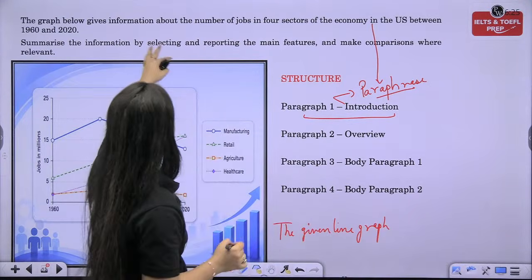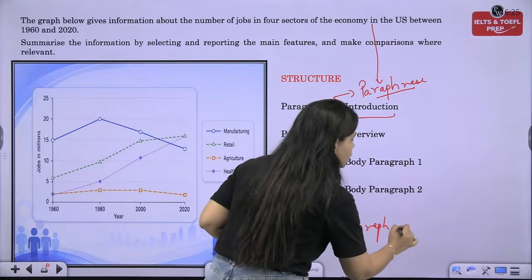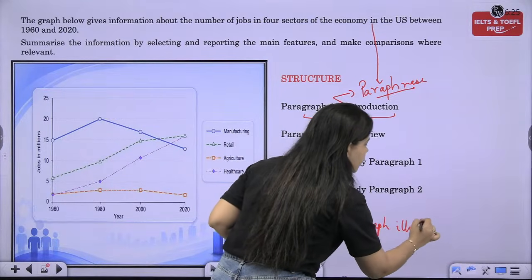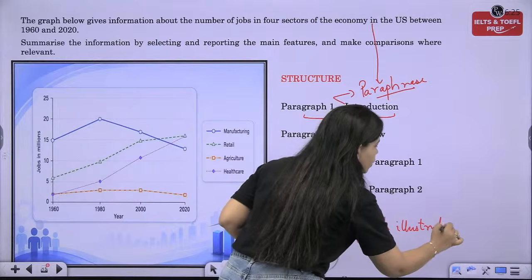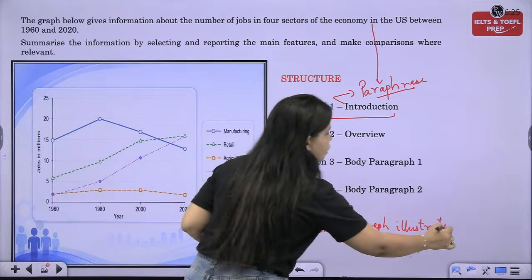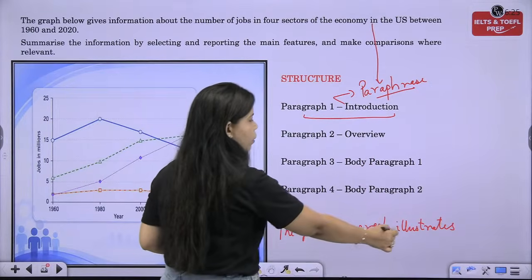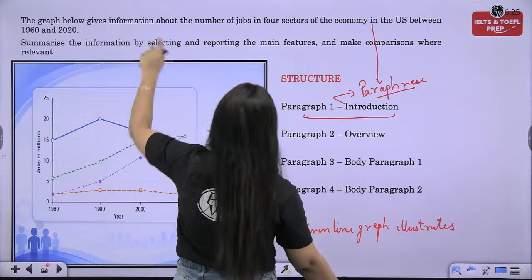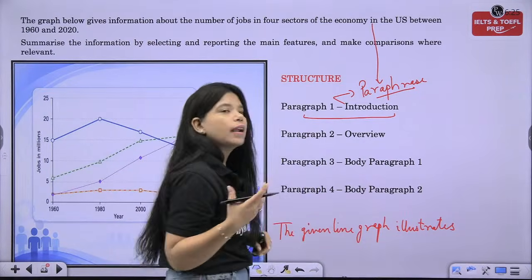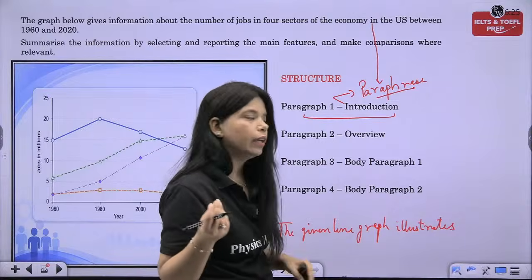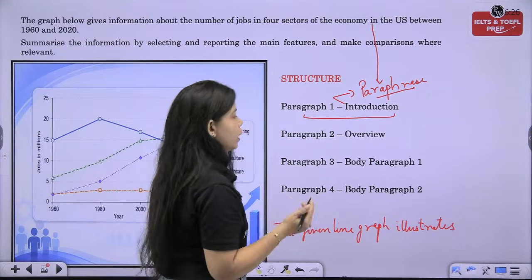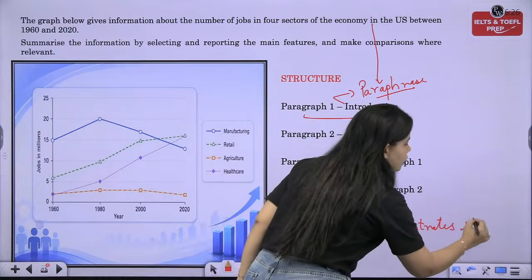Then the question says gives information. You can say illustrate, represent, depict, whatever you want. Let's take illustrates. The given line graph illustrates. The question says information, we can write statistics. Statistics means data. So the given line graph illustrates statistics.